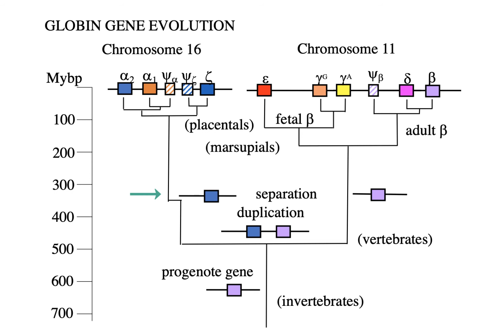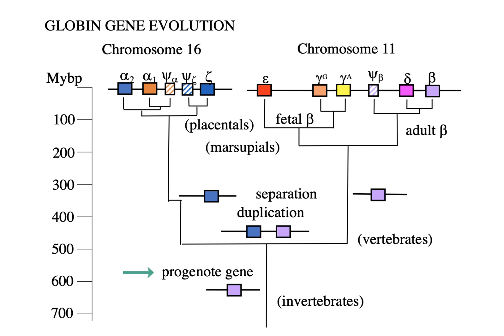Sometime around 300 million years ago or so, there was a separation onto different chromosomes, and then about 450 to 500 million years ago was the initial gene duplication that formed the alpha family and the beta family in vertebrates, and those were primarily in the jawless fish and eventually in the jawed fish.